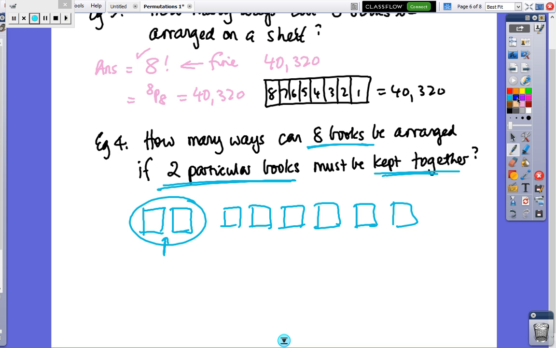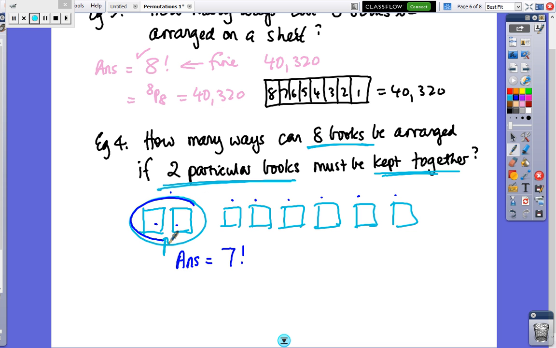So rather than worrying about the nPr, let's just think of it as the factorial. So I've got 7 things to be arranged because these books have to be kept together. So I've got 7 factorial because I've got 7 groups: 6 books plus a group of books.